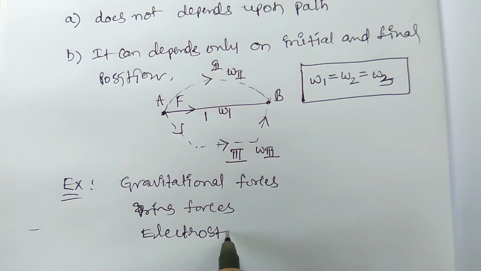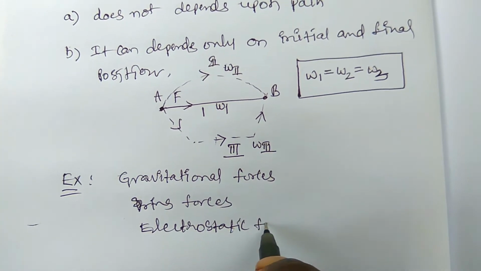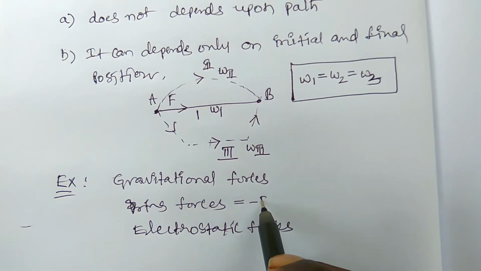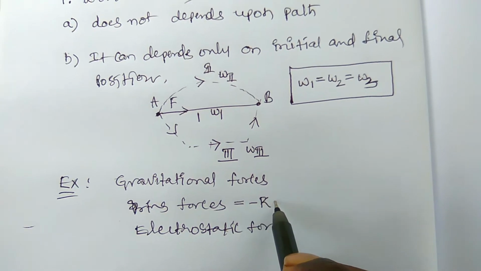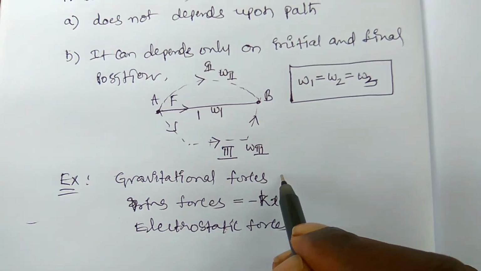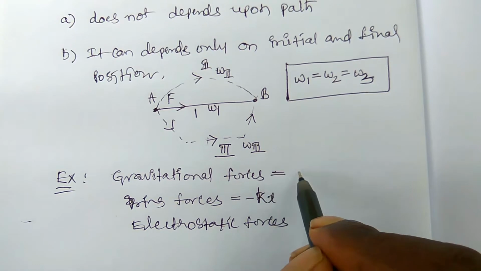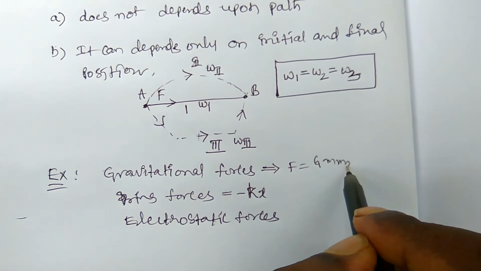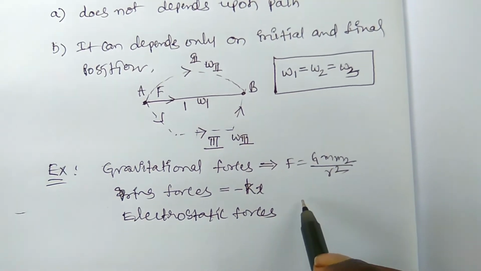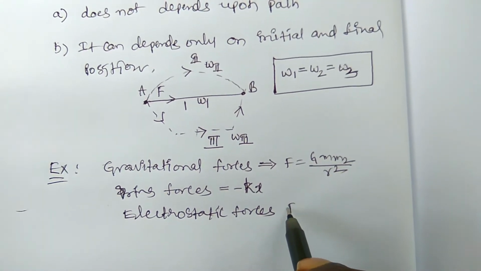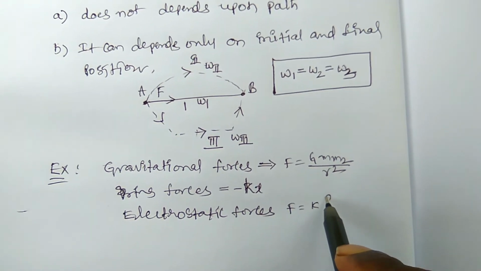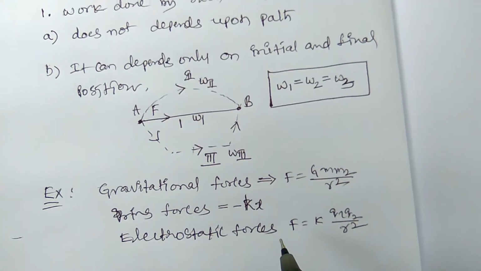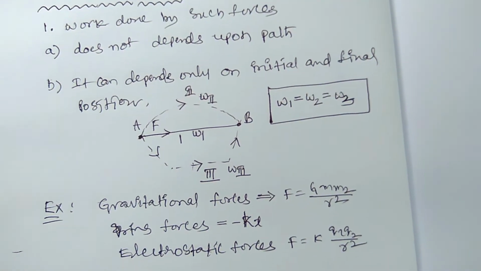Spring force is F equal to minus Kx. Gravitational force, you know, is F equal to G m1 m2 by r square. At the same time, electrostatic force is F equal to K q1 q2 by r square. So these forces are examples of the conservative force.